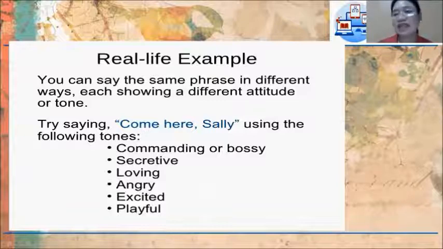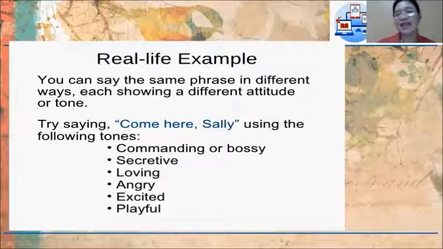How about secretive? "Come here, Sally." Okay? So there is an element of being secretive here. And then how about saying in a loving tone? "Come here, Sally." And then angry. "Come here, Sally." So that is the tone of being angry.